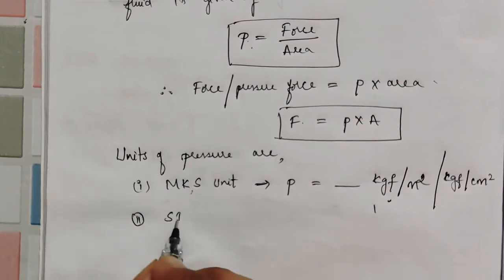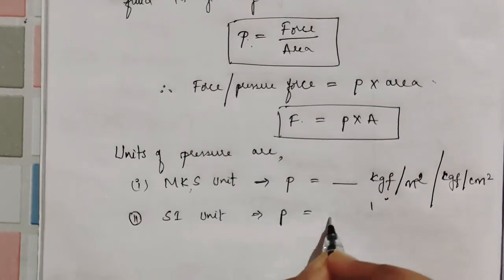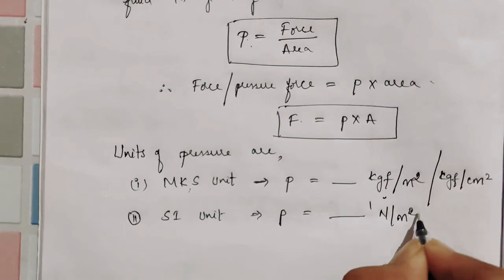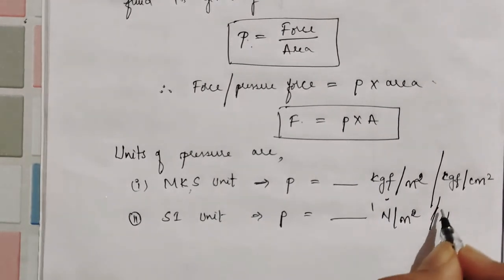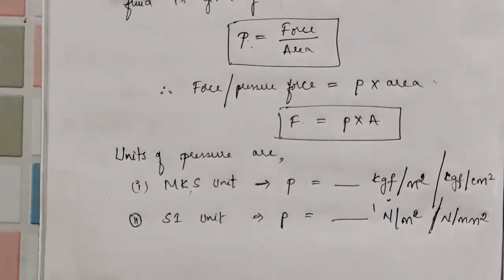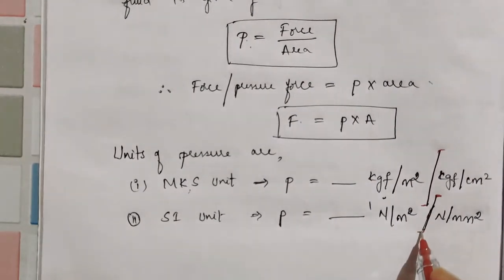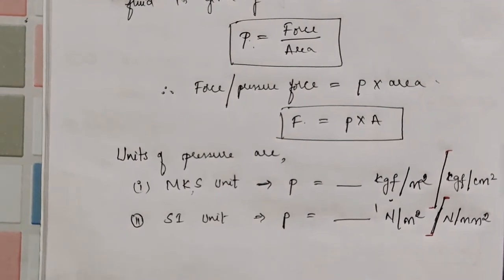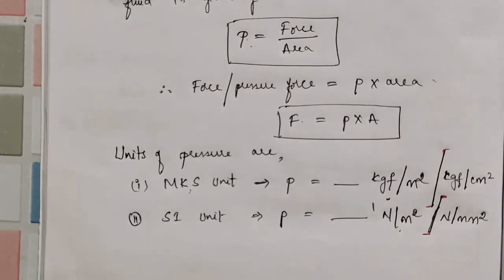But we are using SI unit. In SI unit, the unit of pressure, you already know, is Newton per meter square or Newton per mm square.